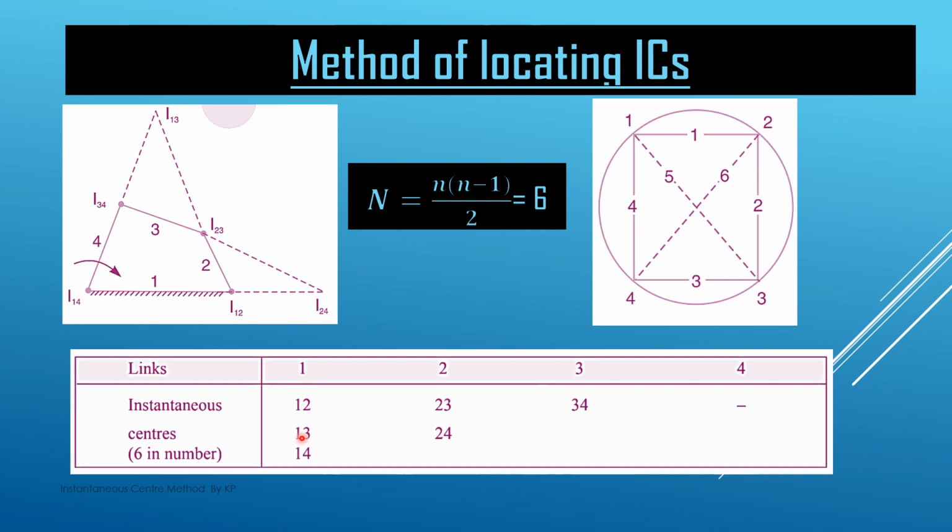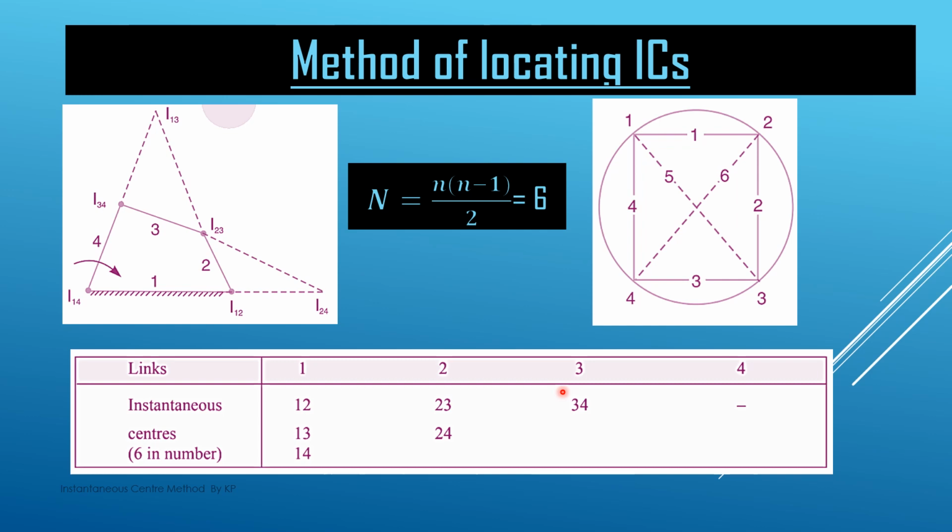If we move to 2, it has a connection with 3, so this is I23, and then I24. I21 and I12 are the same, already mentioned, so there is no need to introduce it again. Similarly, 3 can have a combination with 4, so this is I34. If we count, these ICs are 6 in number: I12, I13, I14, I23, I24 and I34. All 6 ICs we have to locate in the problem.